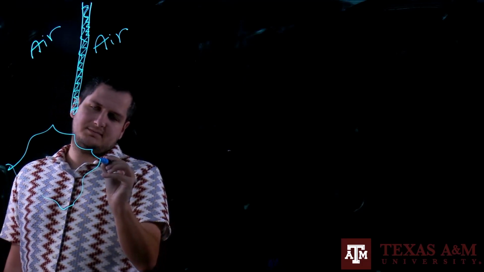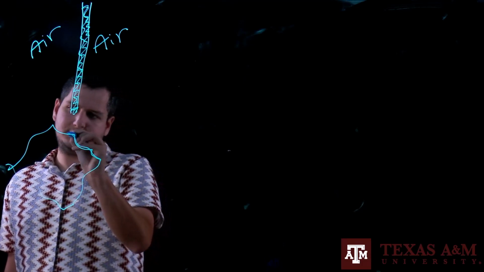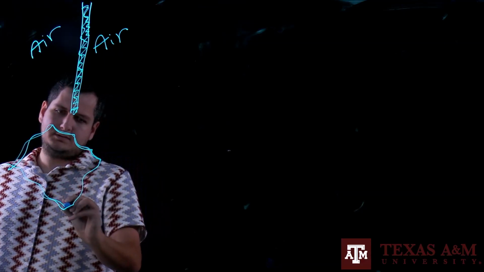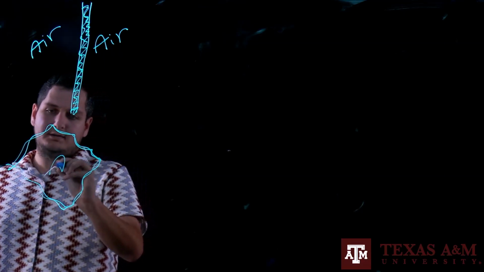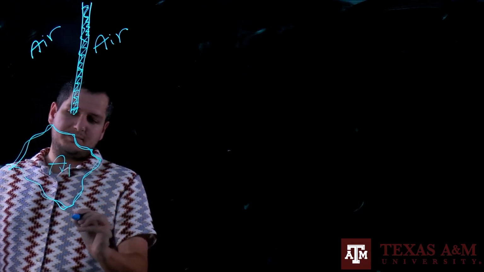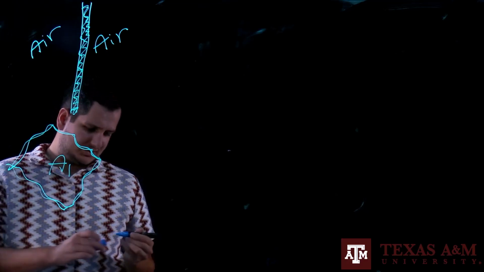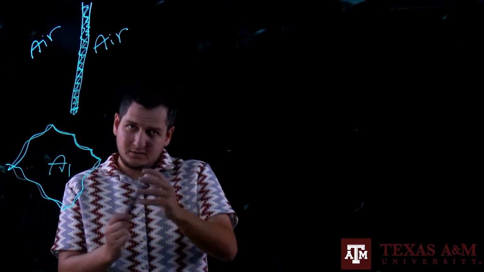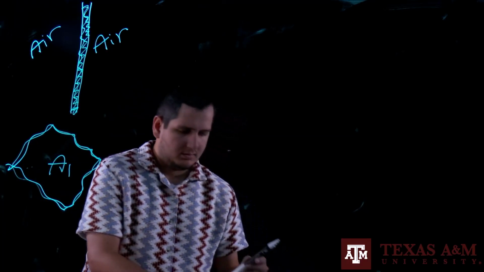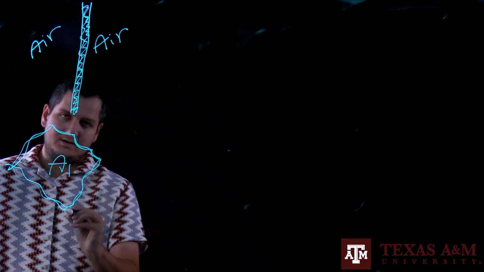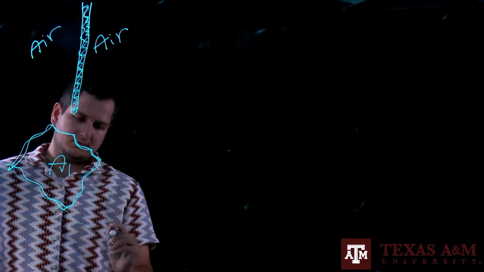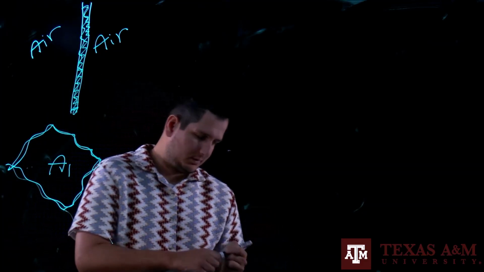So let's see what the best way to do it is. A1, and I want to expand it. Let me change the color. I want to basically pull and expand this out. Maybe I go back to blue.